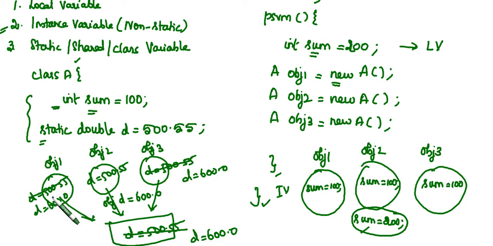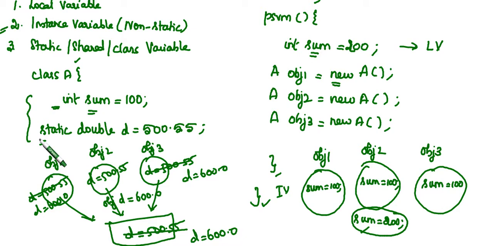So this is the power of the static value. Static means when the value of the static variable is changed, it gets reflected in all the objects that are accessing it. That is the difference between the static variable and the instance variable.